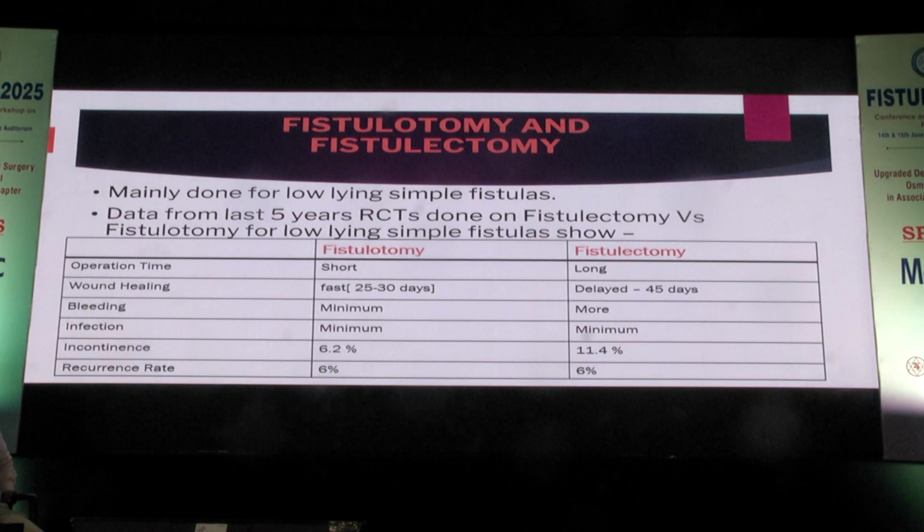On the contrary, in fistulectomy, the operating time was longer, and wound healing was delayed, more than 45 days. If comorbidities are there, it will extend still further. The bleeding is more, and the infection is minimal here. These are the inferences of the RCT trials. The fecal incontinence is 11.4% and the recurrence rate is 6%.